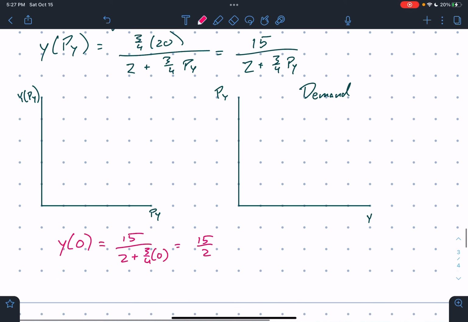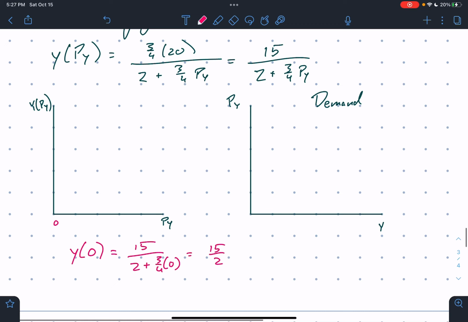So when py is equal to 0, y is going to be 15 over 2, also known as 7.5. Actually, just to be consistent with the posted solutions, I'll write 7.5. So we know that when the price of y is 0, the demand is going to be 7.5.